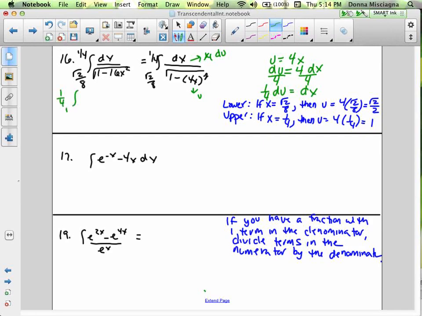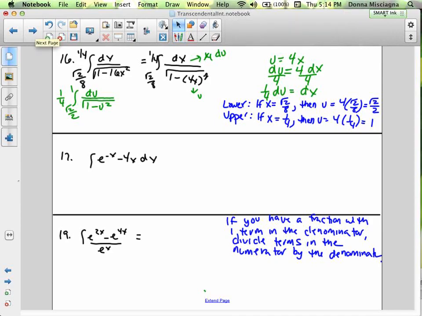There we go. So square root of 2 over 2 and 1. And then this would be du over the square root of 1 minus u squared. And of course, this is arcsine. All right, so we have 1/4, and so this is going to be arcsine.